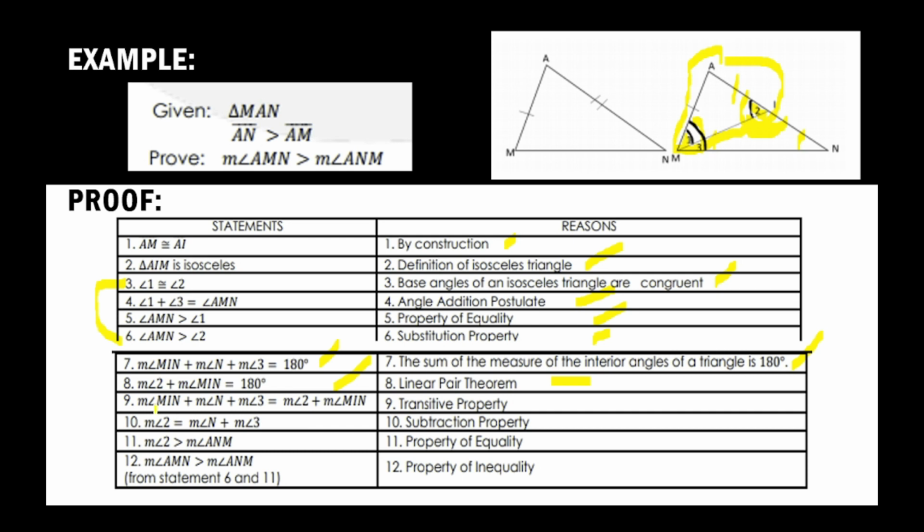Next, the measure of angle MIN plus the measure of angle N plus the measure of angle 3 is equal to the measure of angle 2 plus the measure of angle MIN.